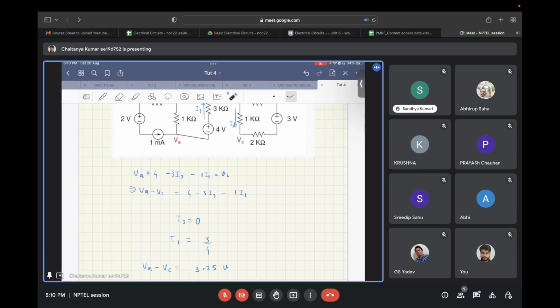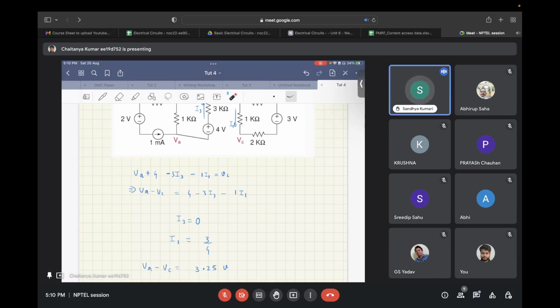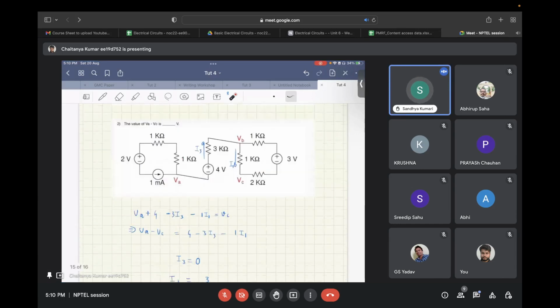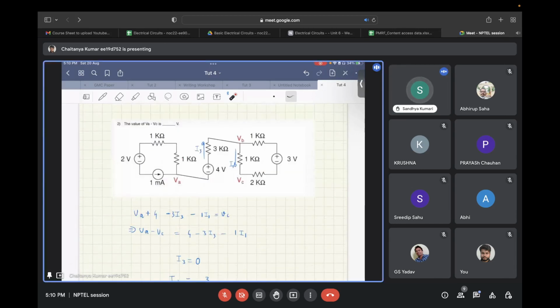Yes, sir, about the polarity of VA. How can we take the polarity? See, you can check polarity for a potential difference. For an absolute voltage, unless you are given a reference node, you can't comment about the polarity of that particular node's voltage.